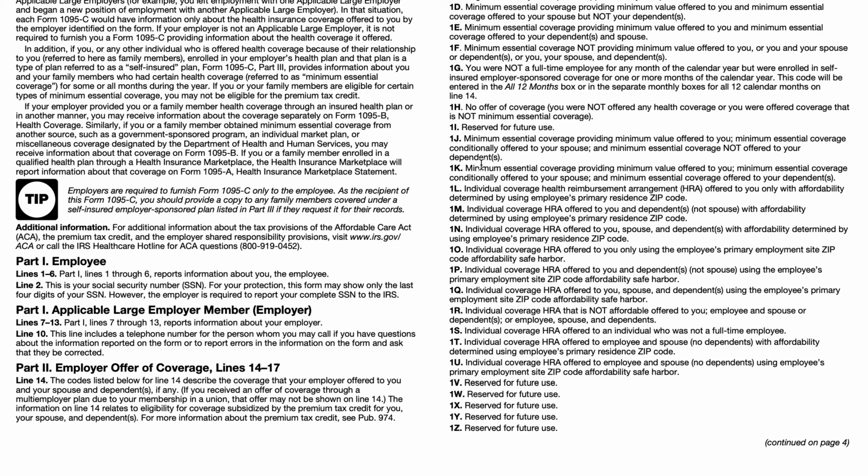And then starting with code 1L, all of these are references to what's known as an individual coverage health reimbursement arrangement, or an HRA. And we'll get into that in a little bit.